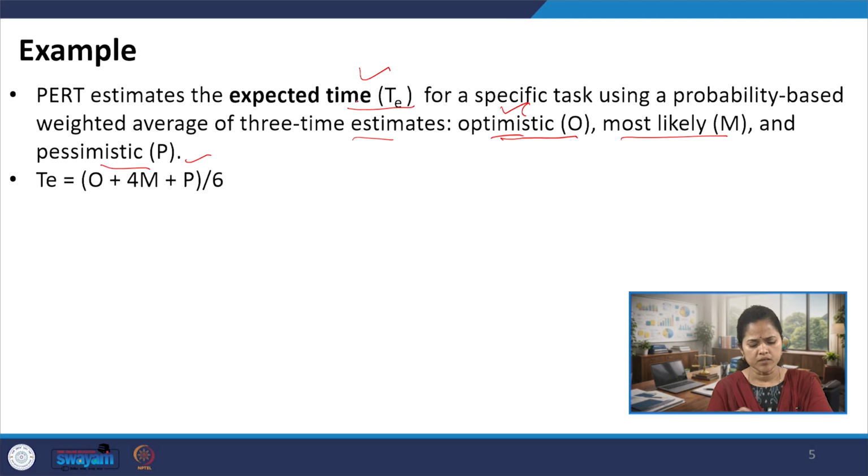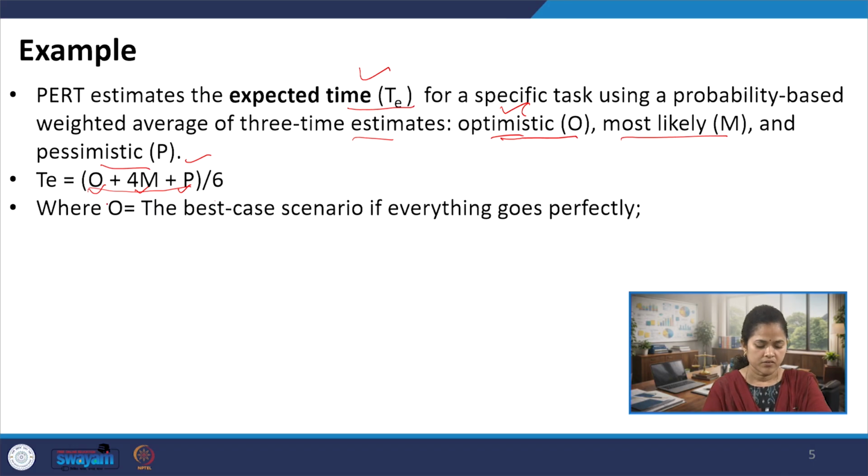TE is calculated by taking the optimistic estimate, plus 4 times the most likely estimate, plus the pessimistic estimate, adding it up and dividing by 6. Here O stands for the best case scenario, if everything is running perfectly, that is the optimistic result, given that everything would be in an ideal situation.